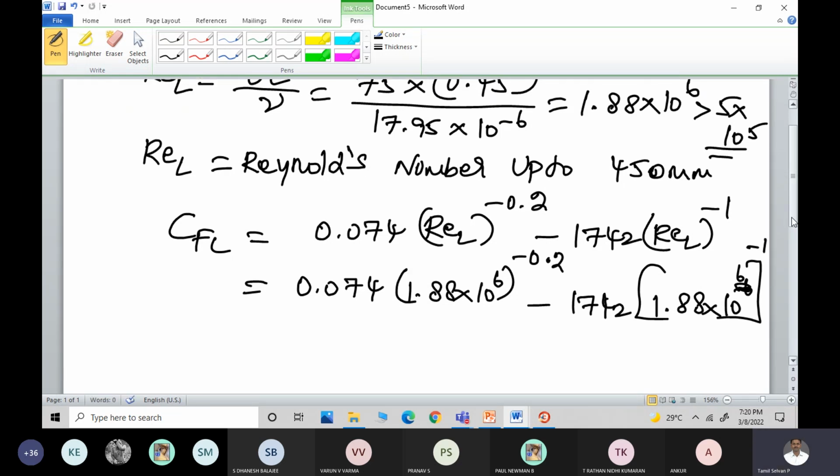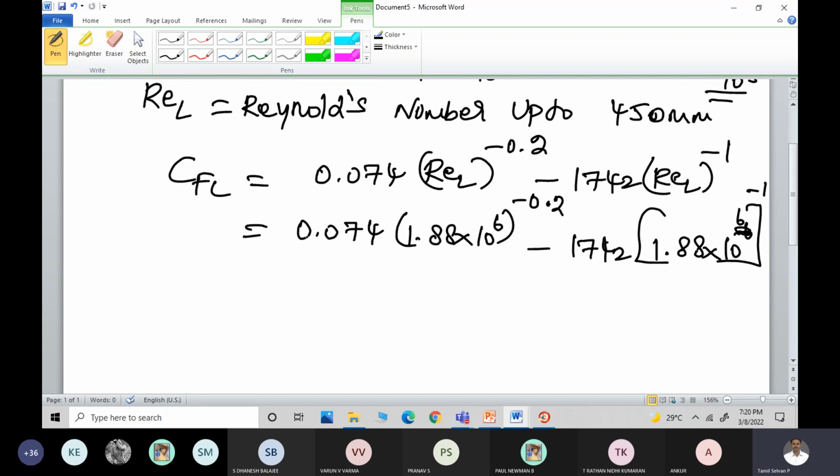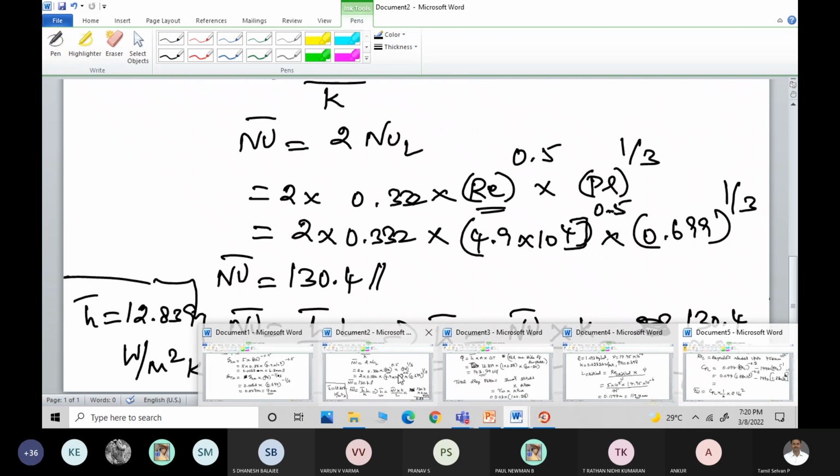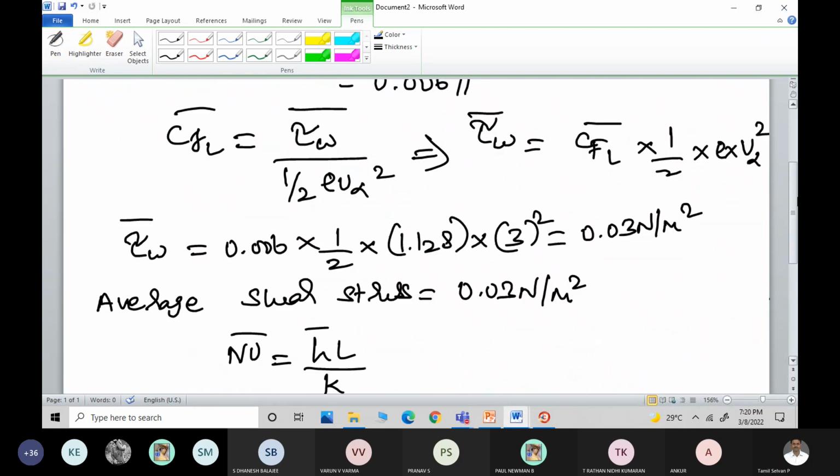How much is the average friction coefficient? And tau W average is equal to C f L into half rho U infinity squared. Is it correct, students? The formula?